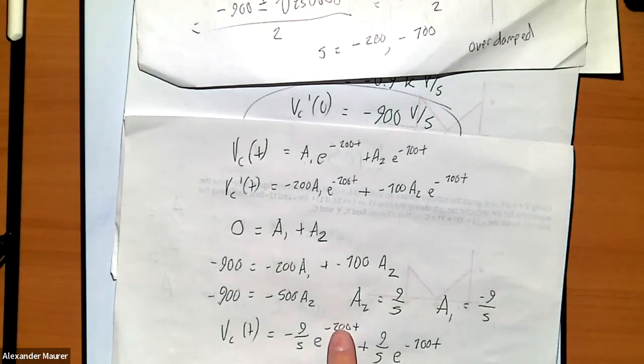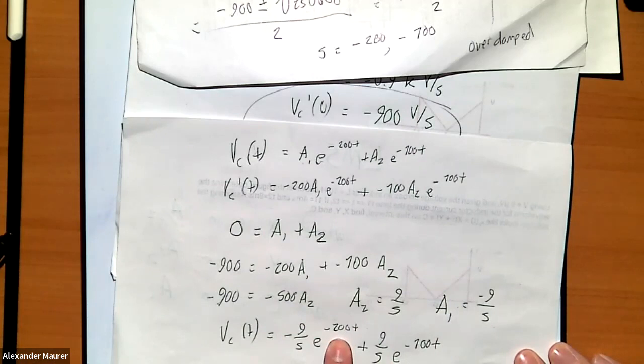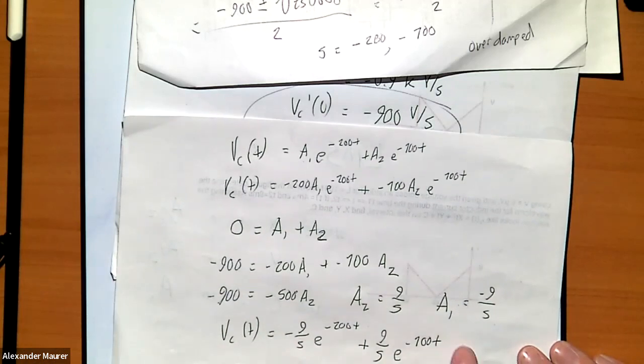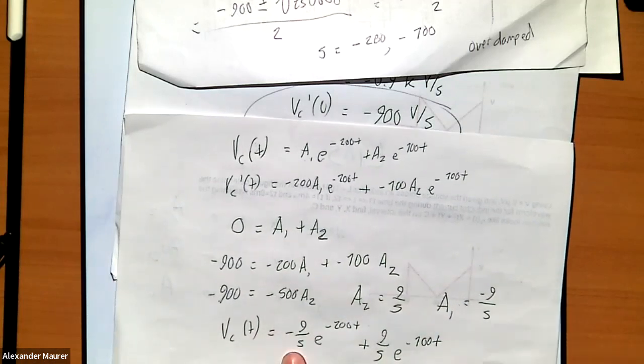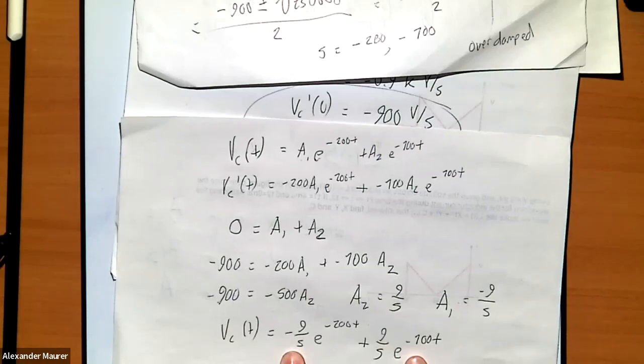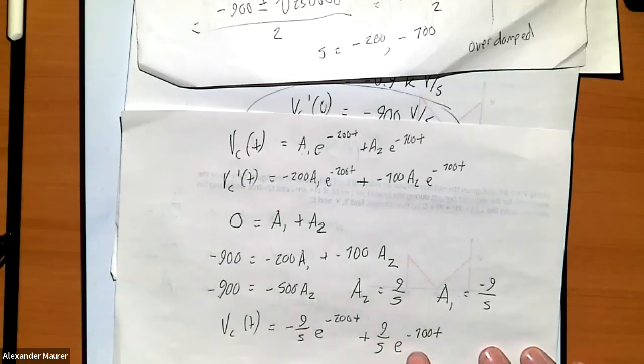So our time constants, or the decay times here, are like 5 milliseconds and whatever this is. So the faster decaying one is this one. This is the answer.